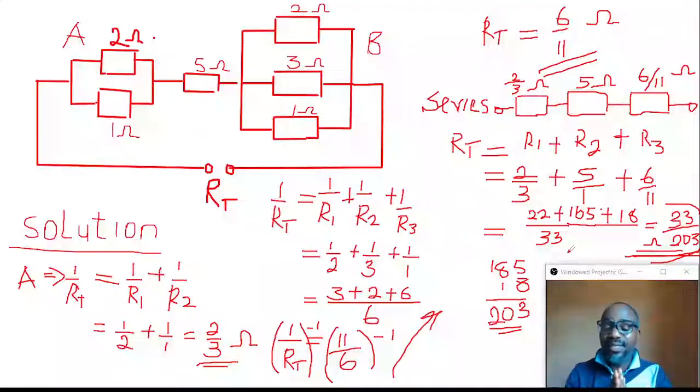So the total resistance in this network of resistors connected in both parallel and series is 33 over 203 ohms. If we find the equivalence in decimal numbers, we are going to have 0 point something, okay? And that is what we expect to have.